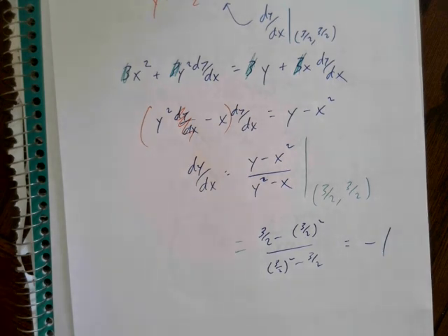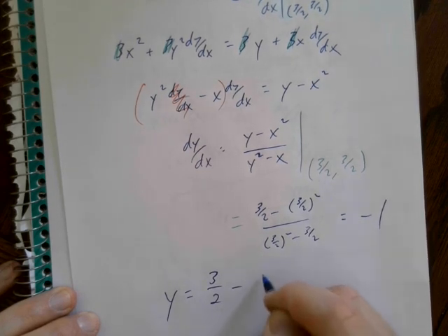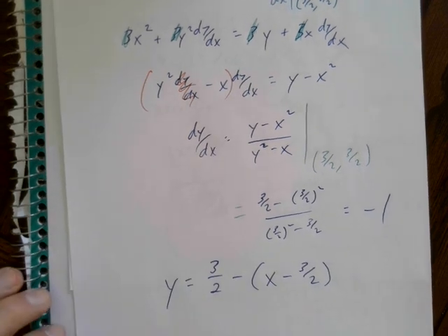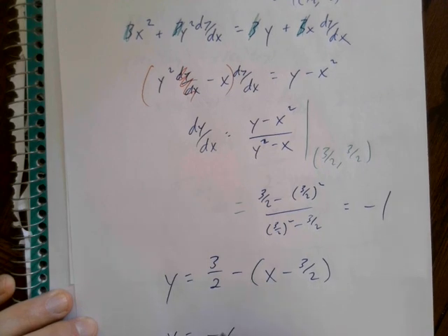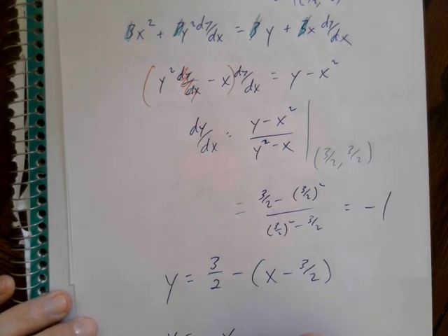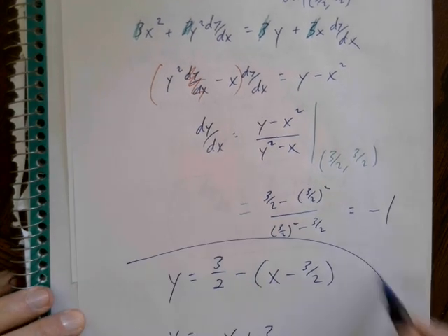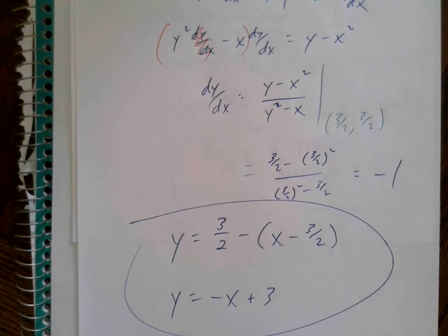And so, my tangent line is y equals the y value plus the slope, x minus the x value. And if you're a fan of simplifying equations, you can simplify this, of course. 3/2 plus 3/2, which is just 3. That's kind of cool. Either one is totally fine, though. I would keep it as that, actually, just because it's easier to do less work.